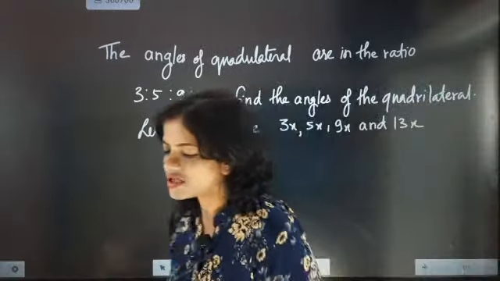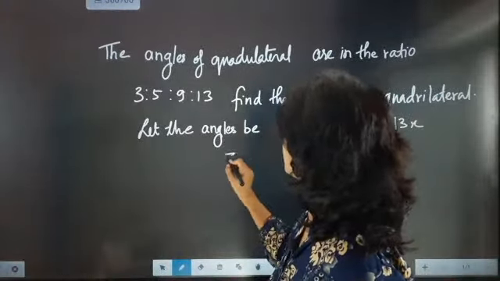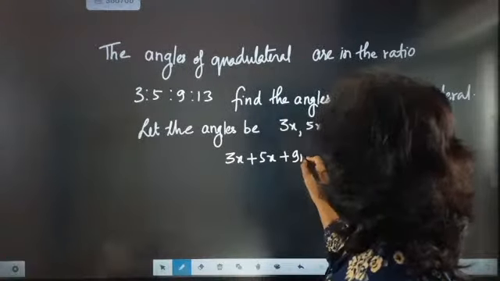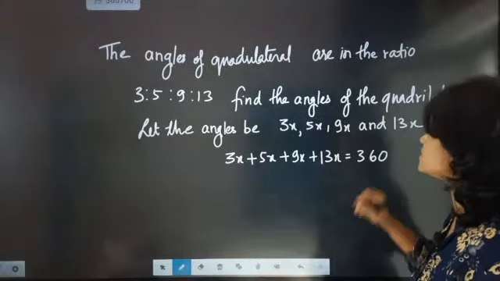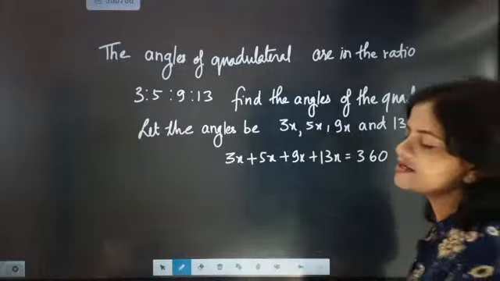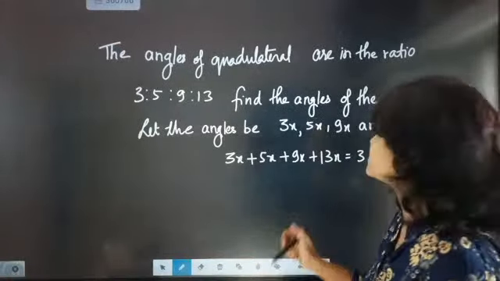So now the sum of the angles will become how much? 360 degrees. So 3x plus 5x plus 9x plus 13x will be equal to 360 degrees. 3 plus 5 is 8, plus 9 is 17, plus 13 is 30.